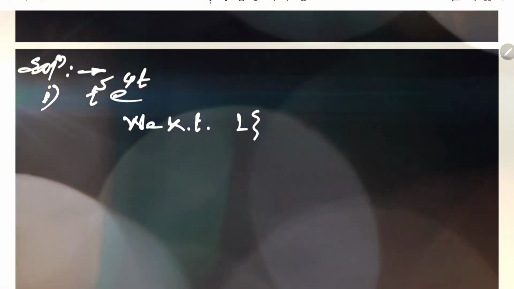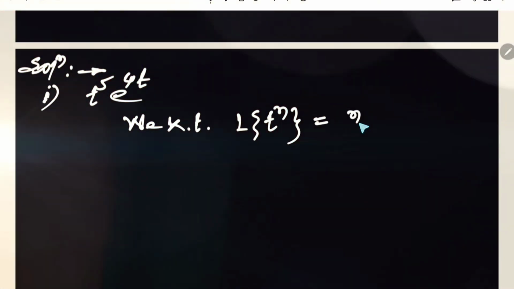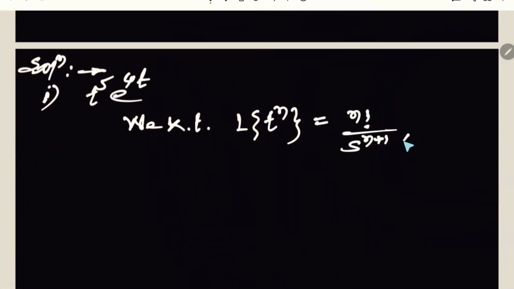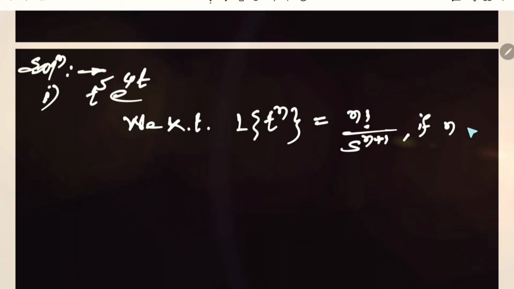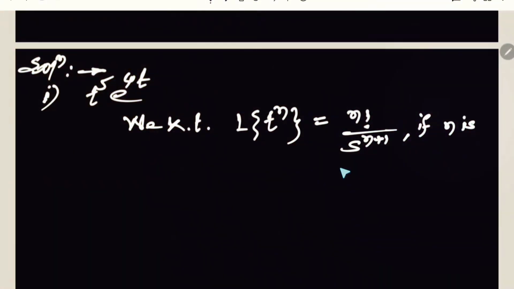We know the Laplace transform of t raised to n, the generalized formula, is n factorial divided by s raised to n plus 1 if n is a positive integer. Here the value of n is 5. 5 is a positive integer.